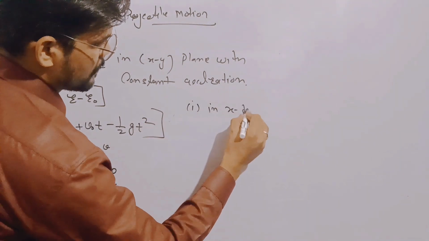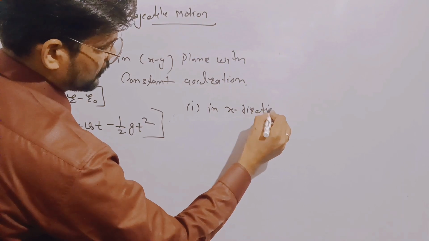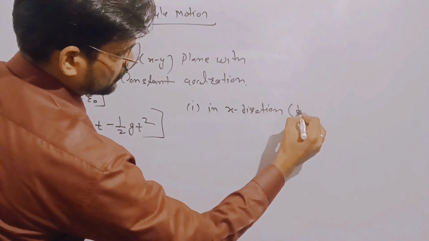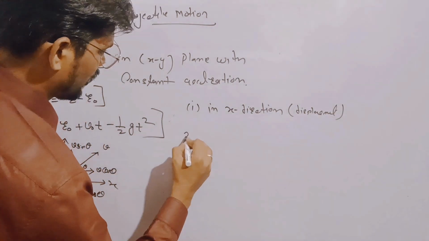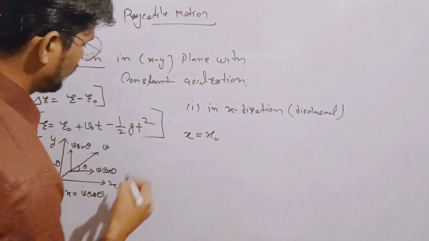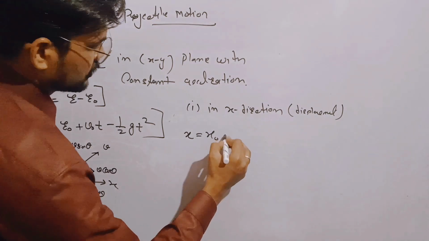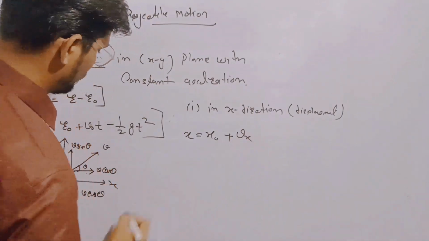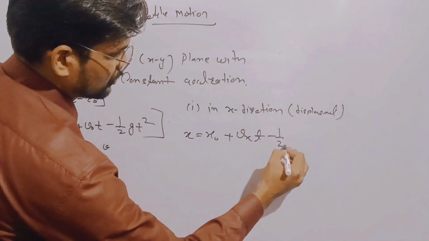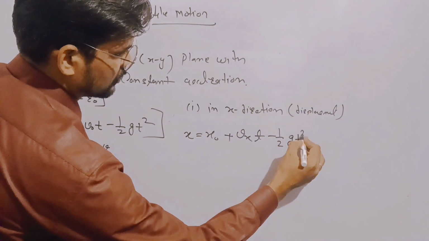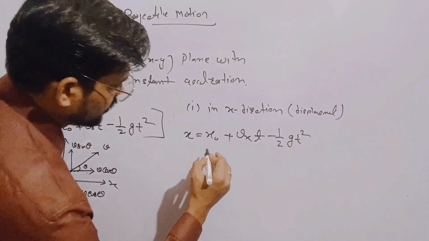First is the x direction. In the x direction, the displacement x is equal to x naught plus velocity vx into t minus 1 by 2 g t square.